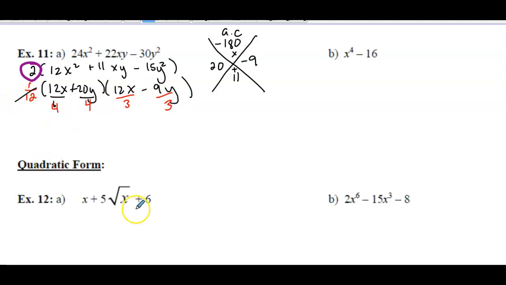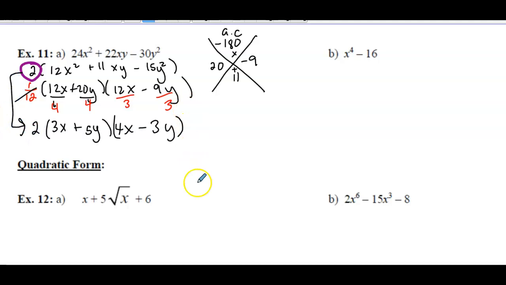And that's my 1/12. 4 goes into 12 3 times. So that's 3x plus 5y. And 3 goes into there, 4x subtract 3y. I still have that 2, so I'll bring that 2 down.